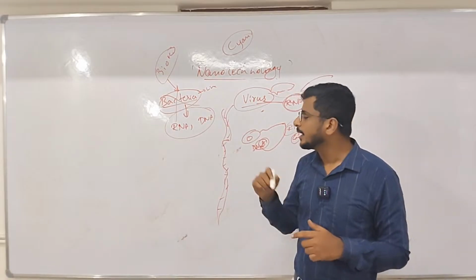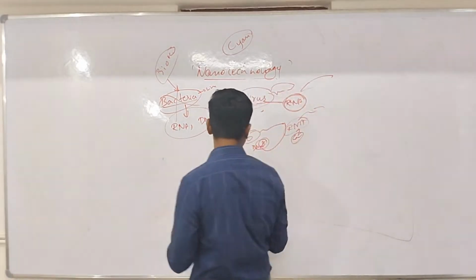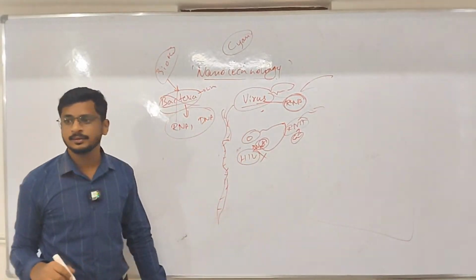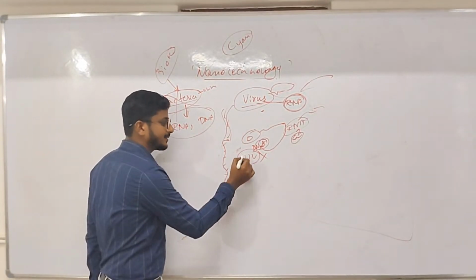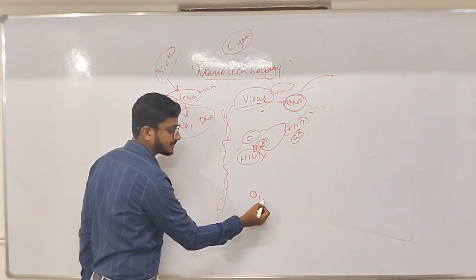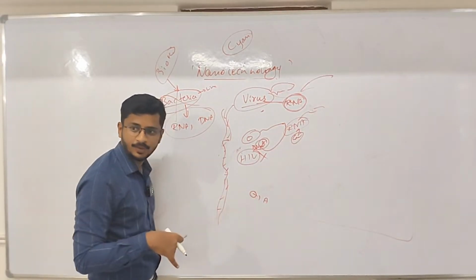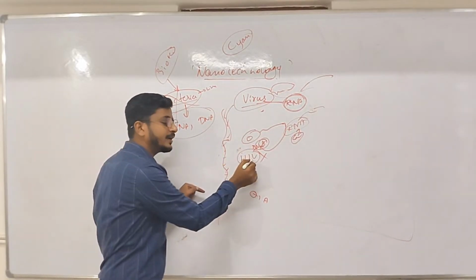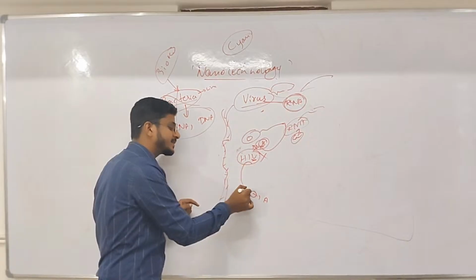Now there are a few viruses like HIV, where, if we have an antibody cell, this is the antibody which is there in our body. It is a cell which attacks the virus. What does the HIV virus do? It attacks this cell only.